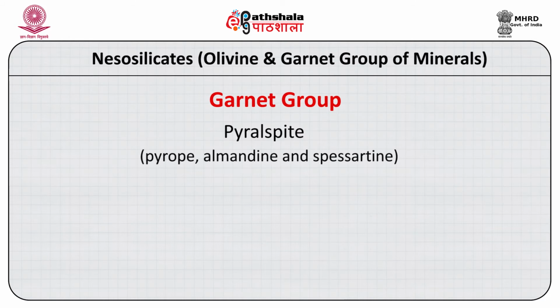Pyralspite Garnet comprises three species: pyrope, MgAl garnet, almandine, iron aluminium garnet, and spessartine, manganese aluminium garnet.